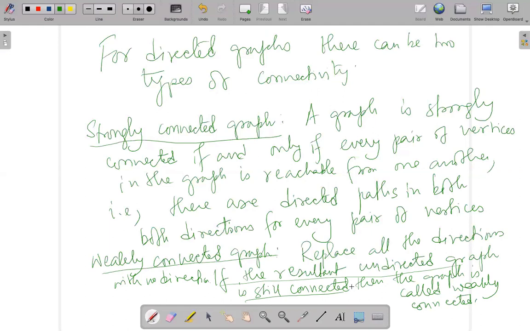However, in the undirected graph, if there is a path existing between every pair of nodes, then we call it a weakly connected graph. So strongly connected graph means that there will be a directed path in both directions. Okay.